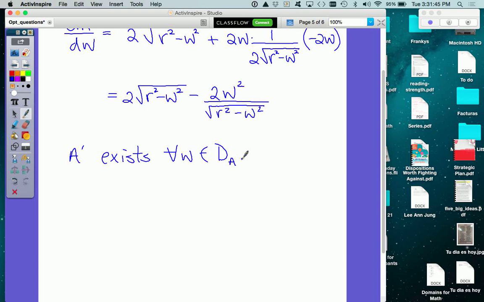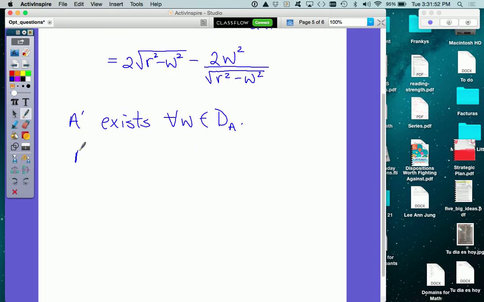And so now we can move on to finding out where A prime equals 0. If I want A prime equals 0, I can see that I want this entire expression up here to be equal 0, which is the same as saying that the left side equals the right side.